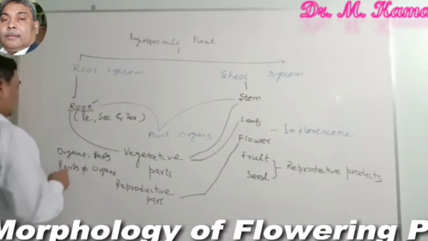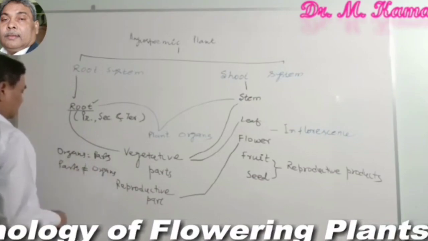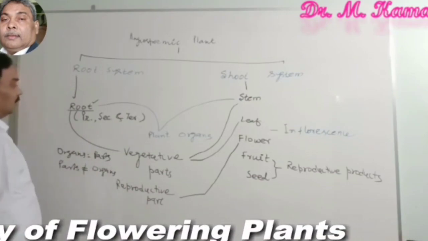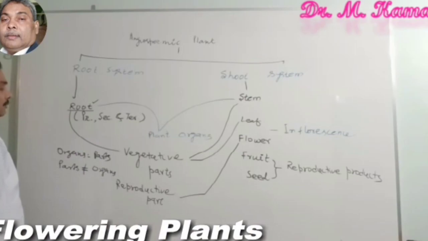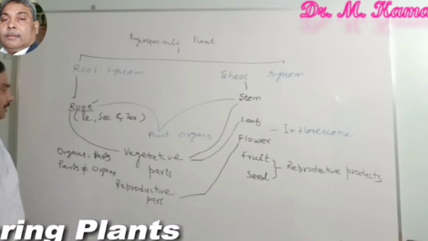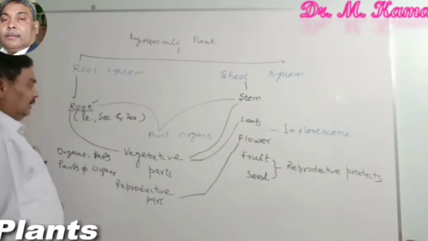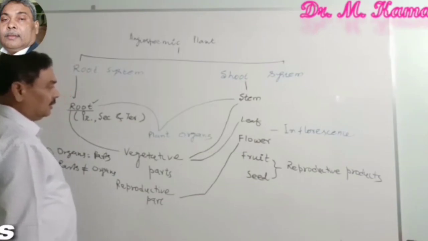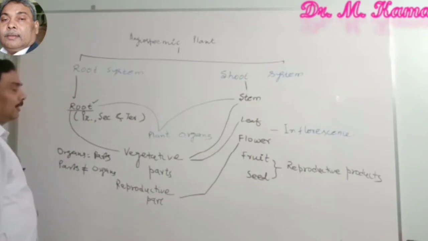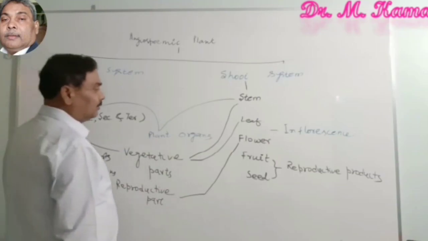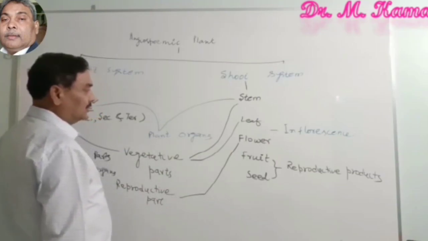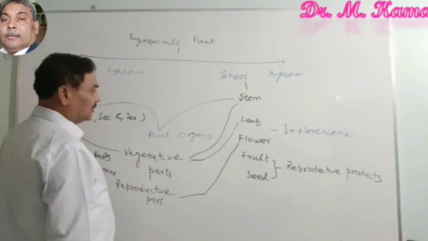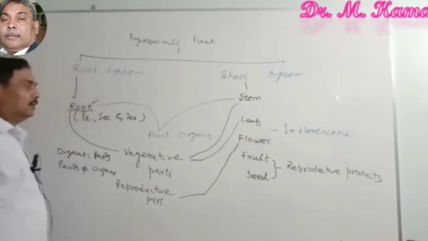Thus, all organs are parts, but all parts are not organs. Flower is a reproductive part as it takes part in sexual reproduction. Flower and seed are reproductive products as they are produced after the completion of sexual reproduction.